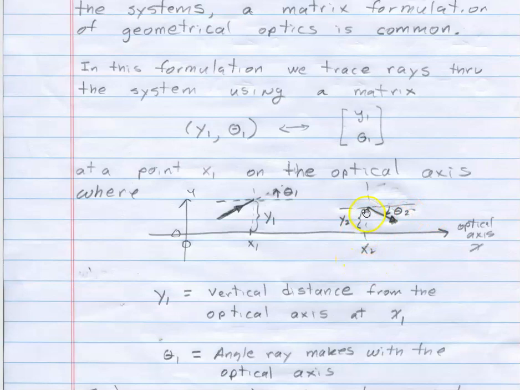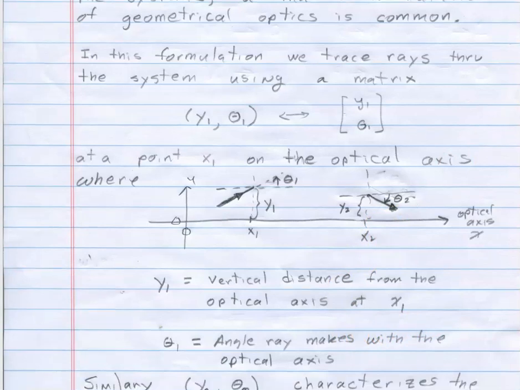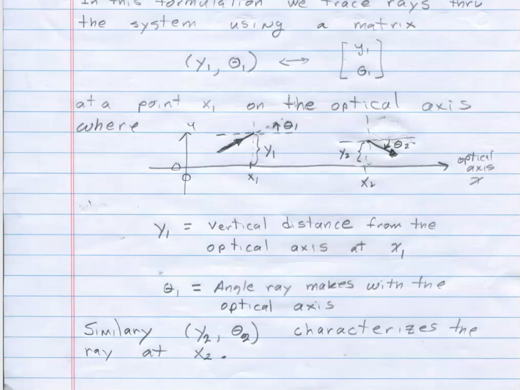And of course, it's at a height above the axis. So our variables are that y1 is the distance from the optical axis at x1 to the point where the ray is, and theta 1 is the angle it makes with the optical axis at the point x1 as well. Similarly, y2 and theta 2 characterize the ray at position x2, a further point down the optical axis.